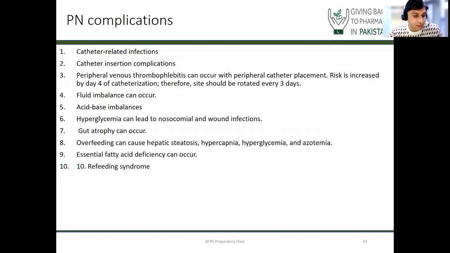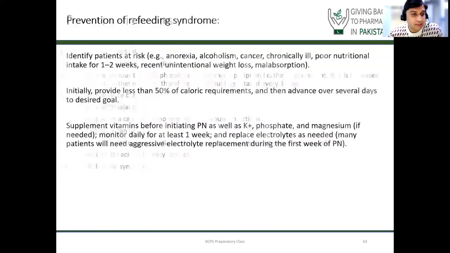So it is always recommended to give the fatty acids every 1 or 2 weeks in cases where you have lipid shortages. You can also have refeeding syndrome. So how to prevent refeeding?